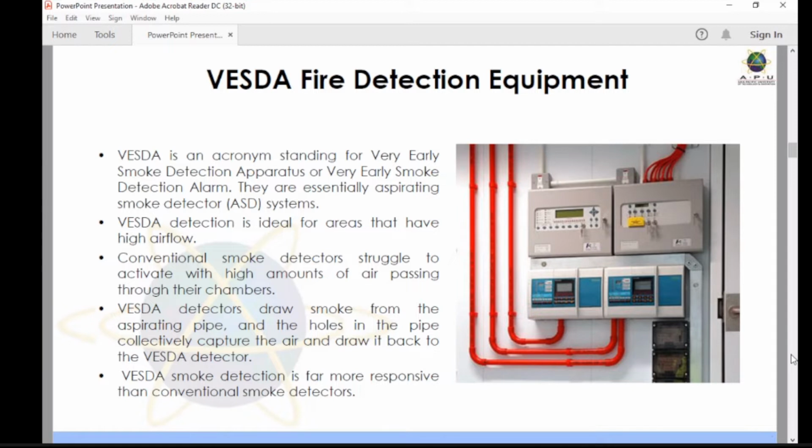VESDA smoke detection is far more responsive than conventional smoke detectors. So these are more responsive, okay. They provide more accurate data, or they provide more confirmation with smoke detection.